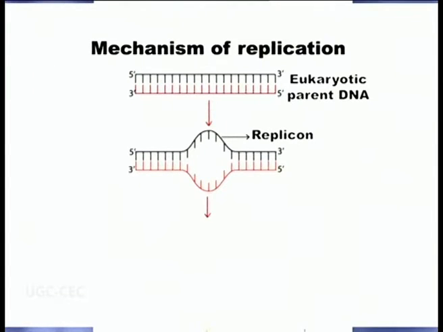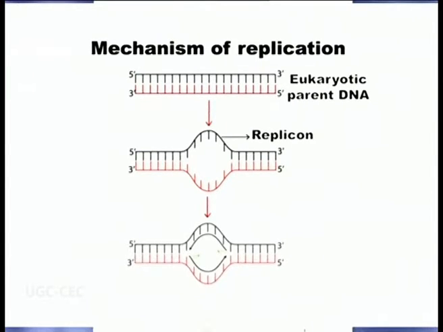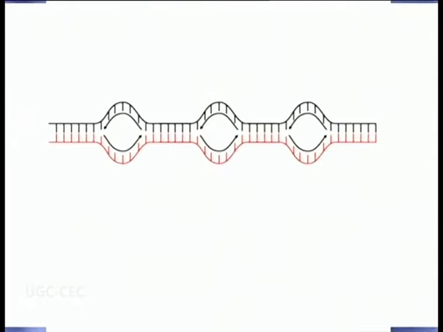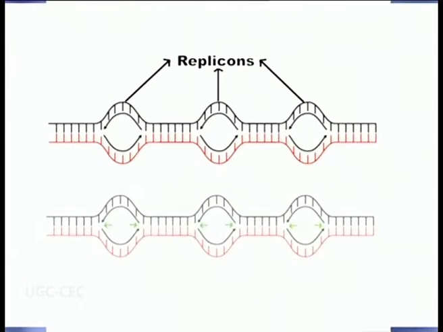A replicon is a self-replicating segment of DNA in a chromosome that includes an origin from which replication proceeds bidirectionally. A eukaryotic chromosome possesses a large number of replicons, whereas prokaryotes usually have a single replicon.